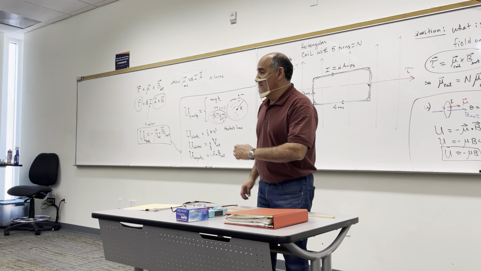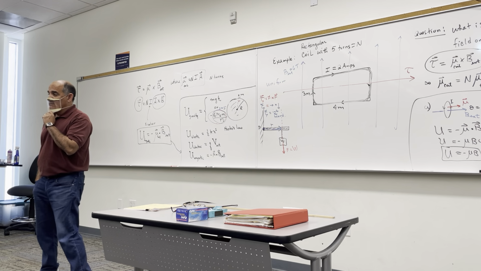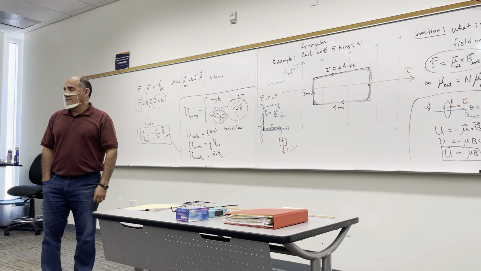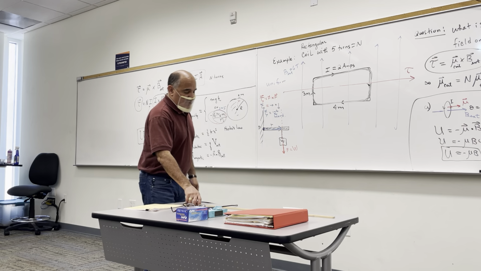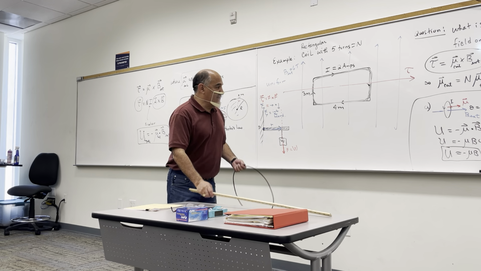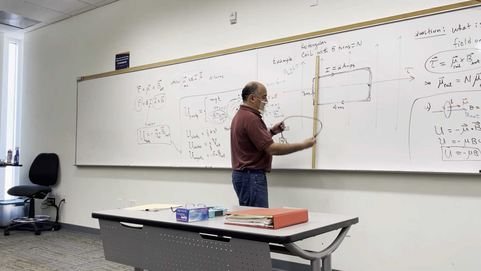So the example, when the loop rotates until the dipole moment U and the magnetic field are aligned, would it continue to rotate or just stay there? No. So the magnetic field is up, right? And the loop is like this.